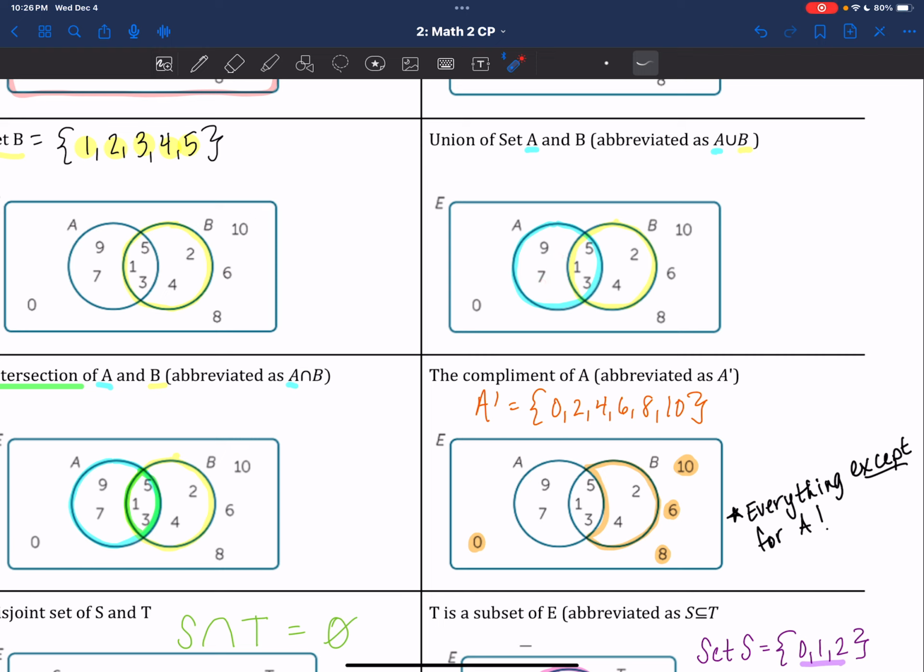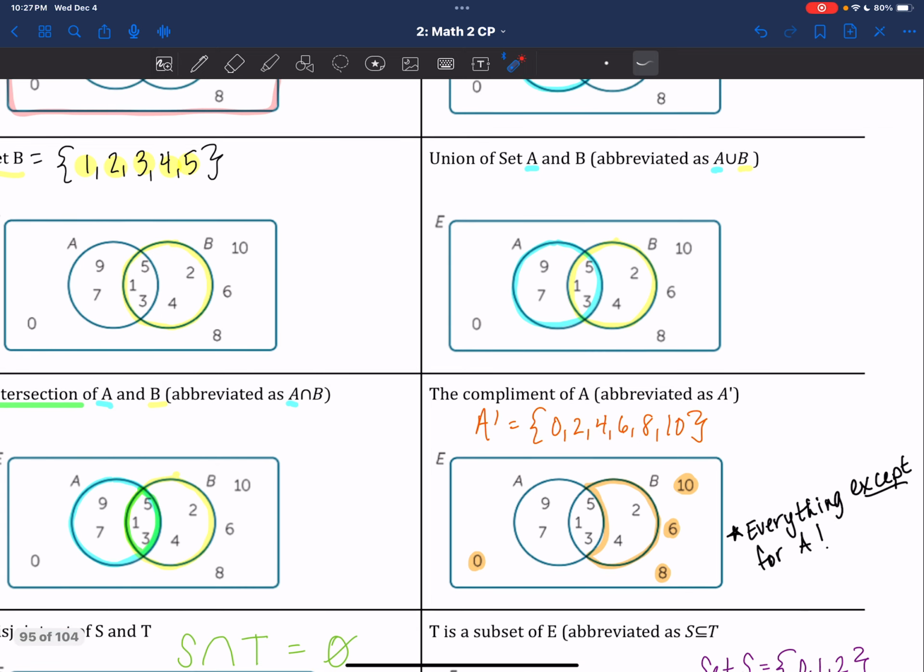It would be whatever is in both the circles. So all of here. We don't want 10, 6, or 8, or 0. So go ahead and make sure you put your answer here. Oops, it looks like I didn't write it, my bad. So you're going to have equals, and then like I said, 1, 2, 3, 4, 5. Oops, and I forgot 7 and 9.